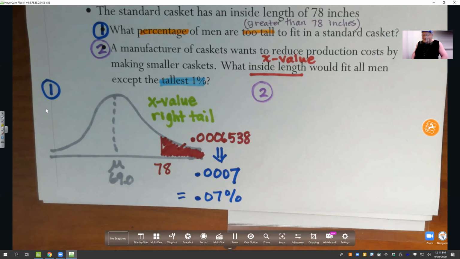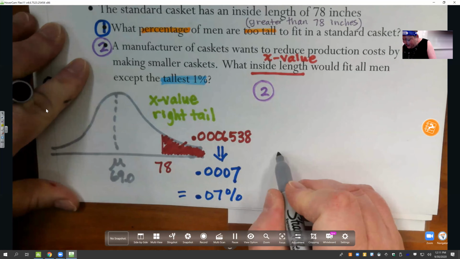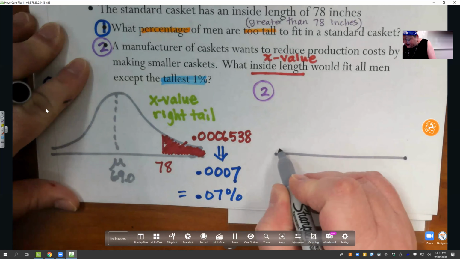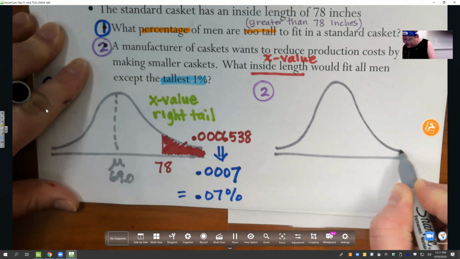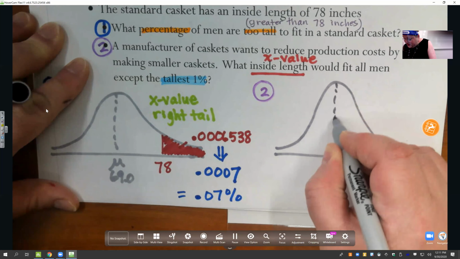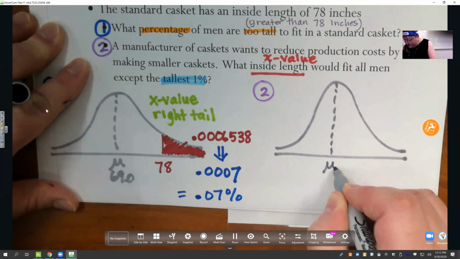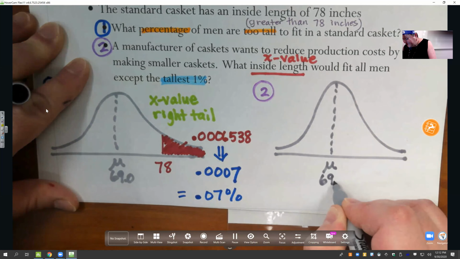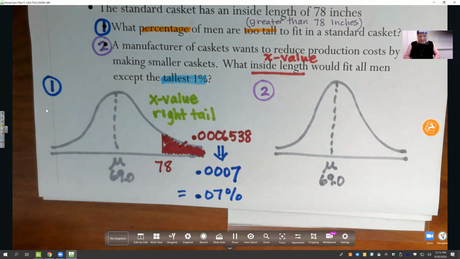Let's draw a picture. Horizontal axis, bell-shaped curve, mean in the middle, which is 69 inches for men. And again, it says tallest 1%. We're going to be on the left, the middle, or the right?